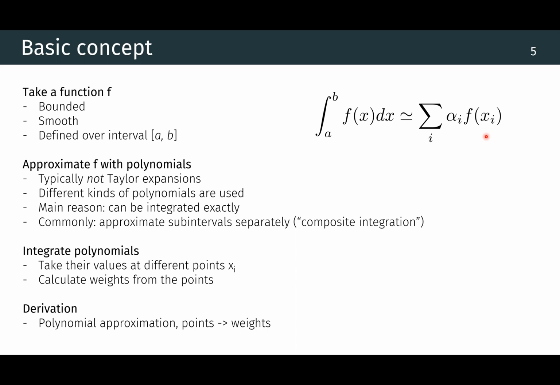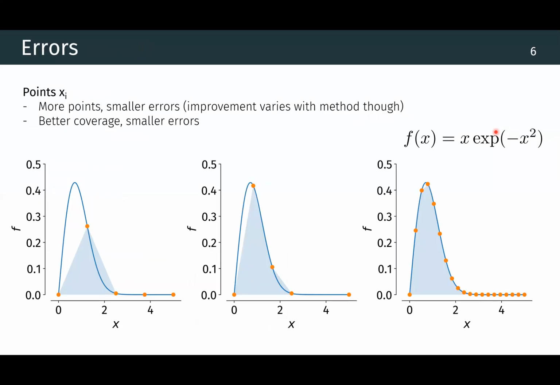Okay, so let's first talk about the points, because I think that's the more intuitive thing you can adjust. And now you can say, why would I care? I just take evenly spaced points over my space and then everything is nice. If you look at this, here we have the function x times e to the minus x squared. This is the function you see in each of the plots down here.